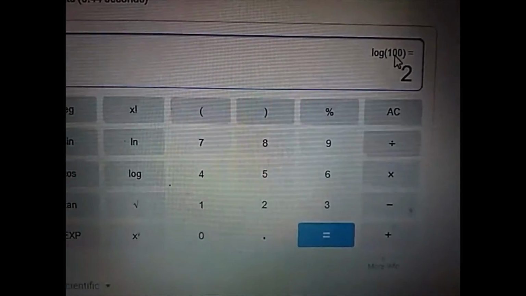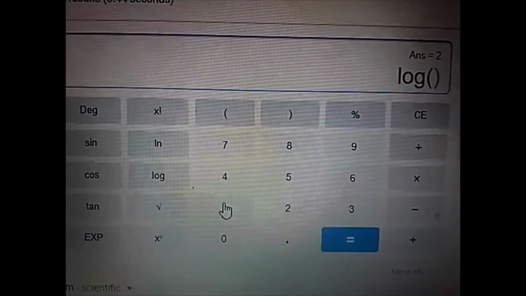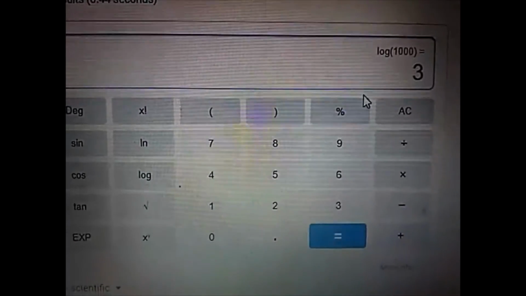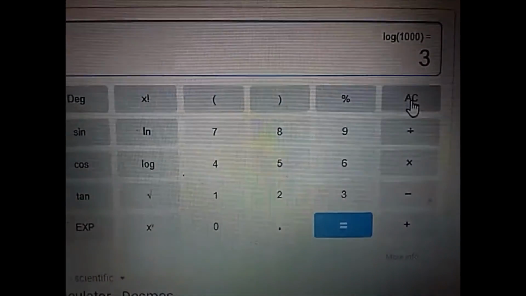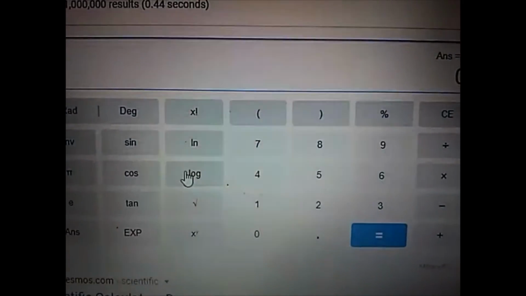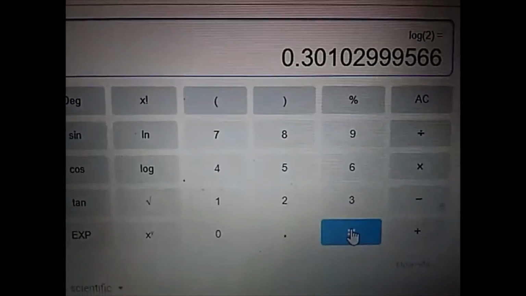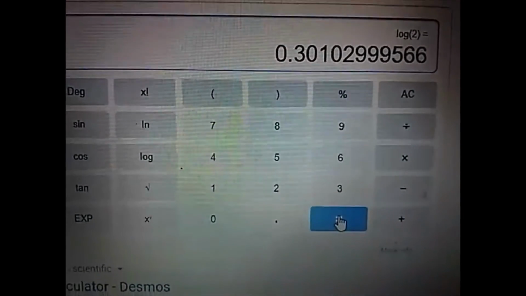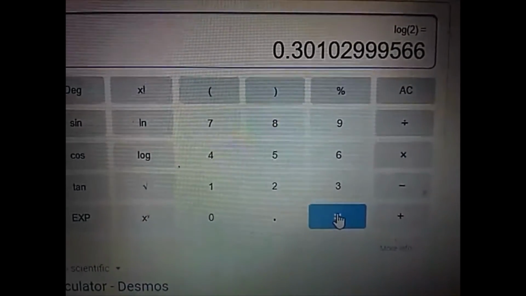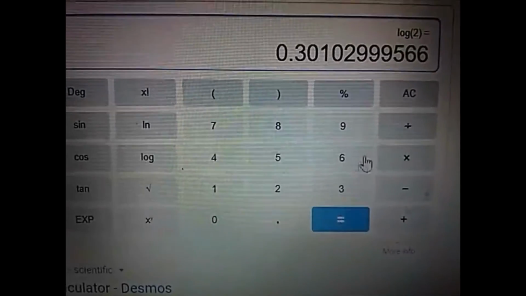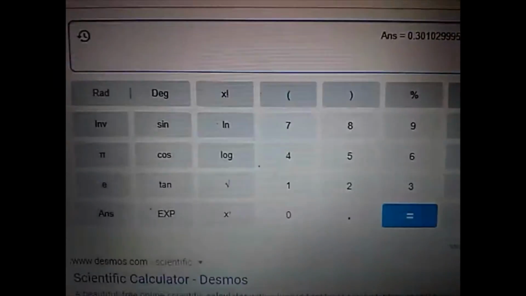The log of 100 is 2 because there are 2 zeros to the right of 1. The log of 1000 is 3 because there are 3 zeros to the right of 1, and it keeps on going. However, what if you submit a number in between 1 and 10? You get this number. And that has to do with the inverse of exponential functions. But we will not discuss that today.